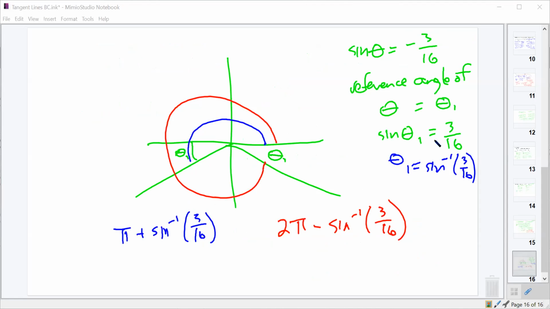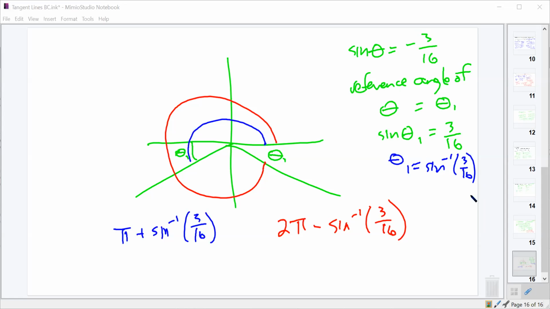It doesn't exactly become positive, but we're trying to find an angle that has a sine of negative 3/16. So if the angle that we're looking for has a sine of negative 3/16, its reference angle, which, if you remember, is an angle in the first quadrant, an angle that's less than 90 degrees. So the reference angle that has a similar sine is the one in the first quadrant that has a sine equal to 3/16, and that angle is whatever the inverse sine of 3/16 is.